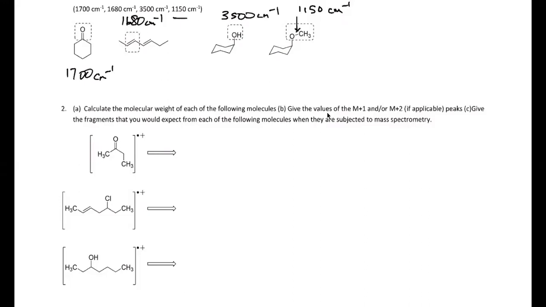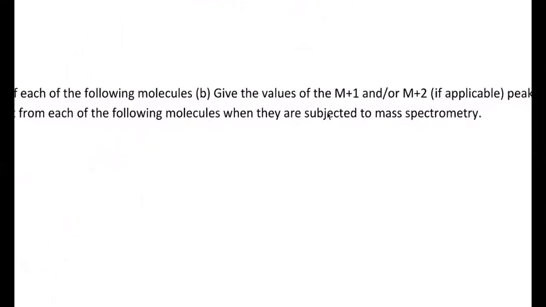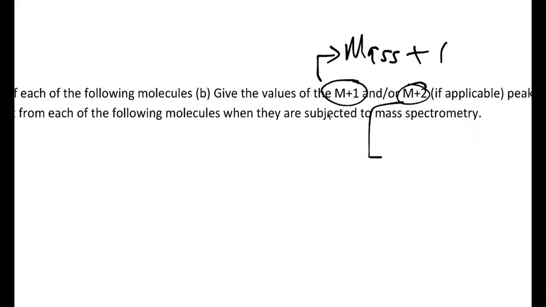So the M+1 in the mass spec is whatever the molecular weight is plus 1. For the mass, plus 1. M plus 2, I don't know if we remember we talked about that or not.